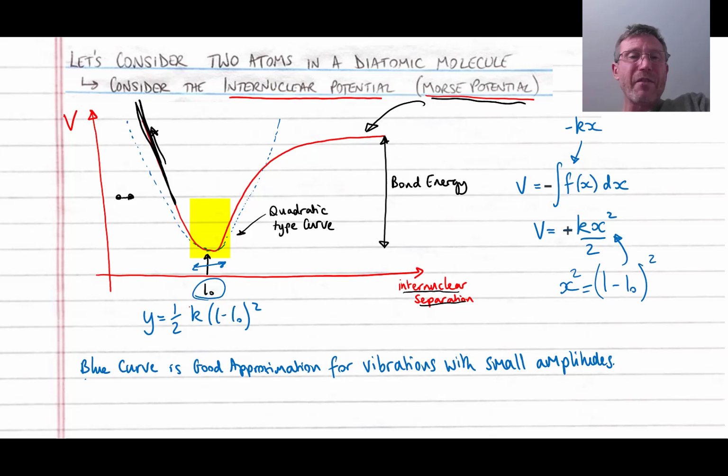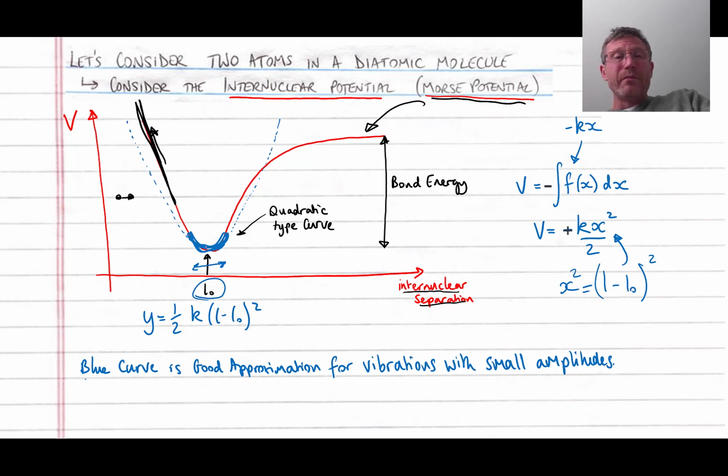There's a really good overlap in this region at the bottom of the curve, between the Morse potential that would be measured for a diatomic system and a quadratic equation built on the harmonic oscillator that we just described classically.